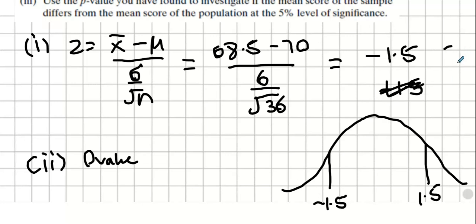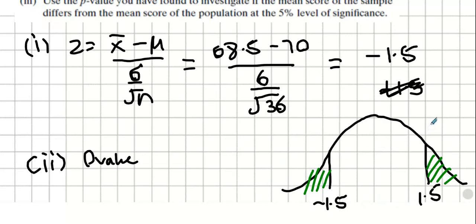If my answer was 2, I'd use 2 and minus 2. If my answer was minus 2, I'd still use minus 2 and 2. Now, what I'm after is the area of these two regions. Because I know this is in the safe region, I'm expecting that when I add these two green areas together, it will be bigger than 5%, because it's not in the critical region, it's in the normal region.